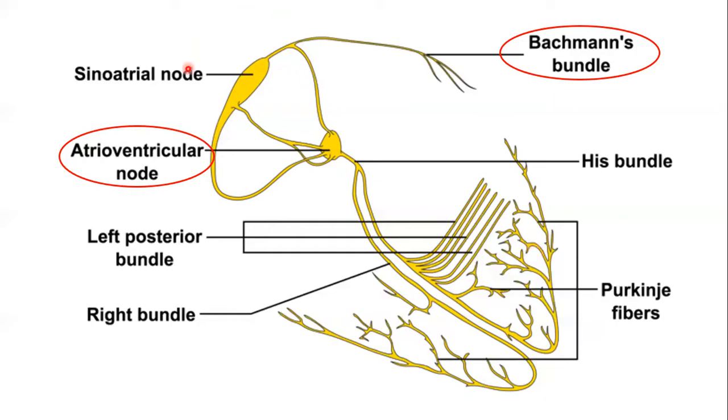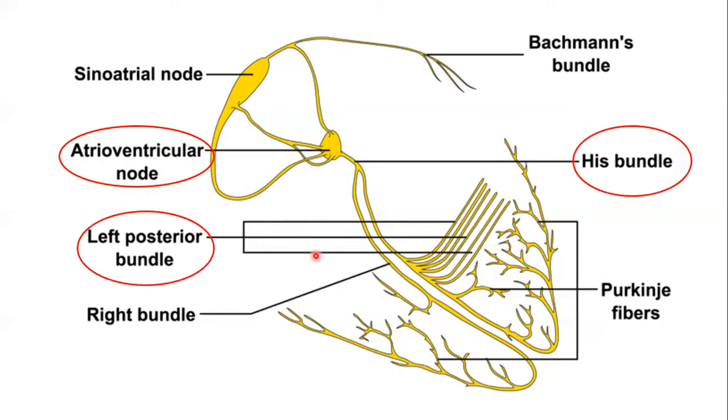So this is the whole network for the SA node and the AV node, and how it is spread into the heart: the His bundle, then the left and right bundles that originate from the His bundle, and then a meshwork of nerve fibers present in the ventricles known as Purkinje fibers.